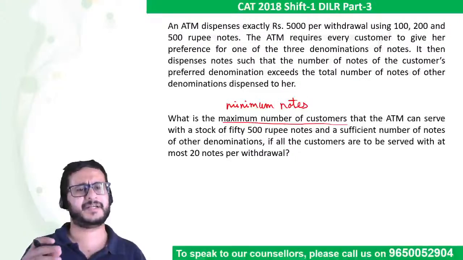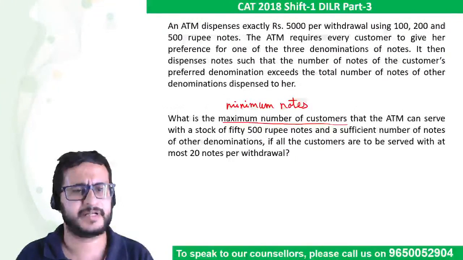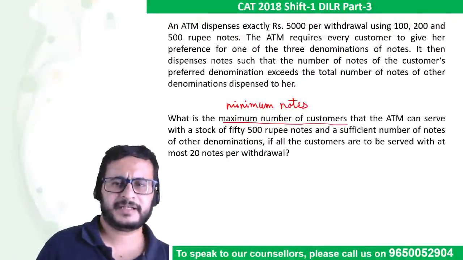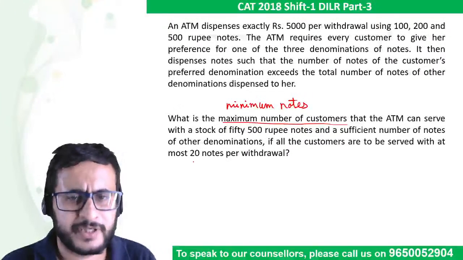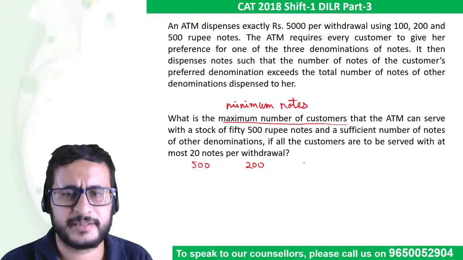So what will I do? I'll try to distribute the minimum number of notes to customers. So let us check for the minimum 500 rupee notes that I can give, if I give 500, 200 and 100.